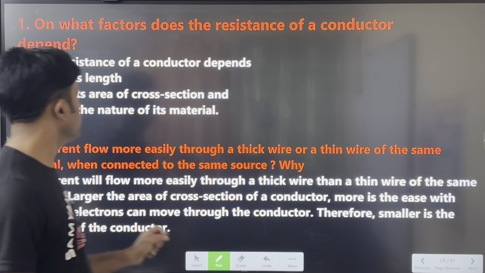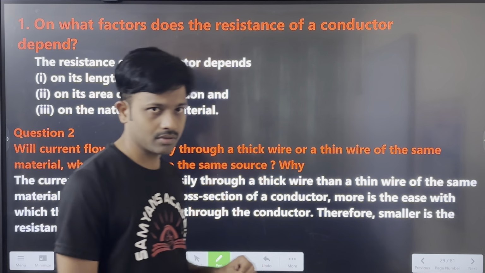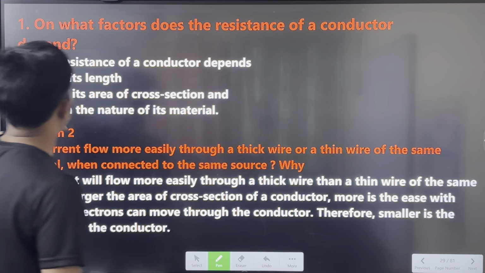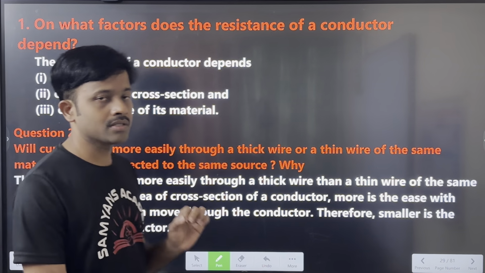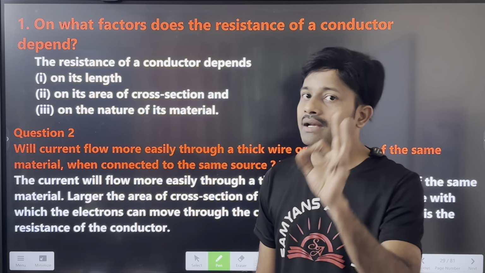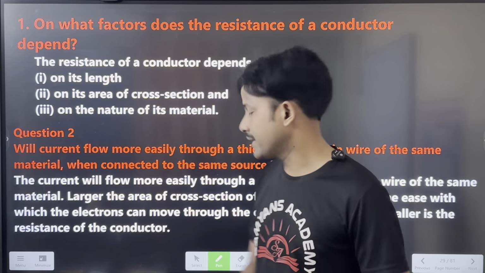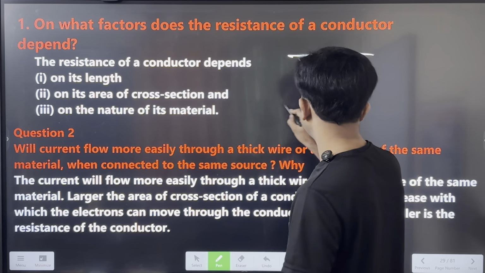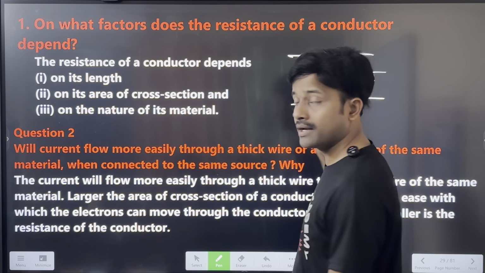Now you see, these are the in-text questions from 10th class. On what factors does the resistance of a conductor depend? Already we discussed that resistance depends on 3 factors. What are they? Length: when length increases, resistance also increases. When area increases, the speed of flow of electrons increases.